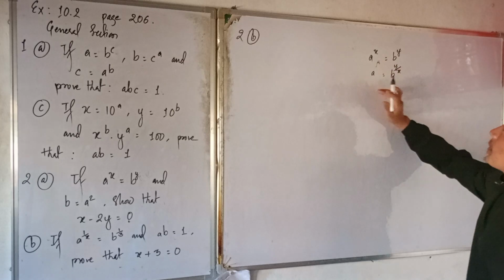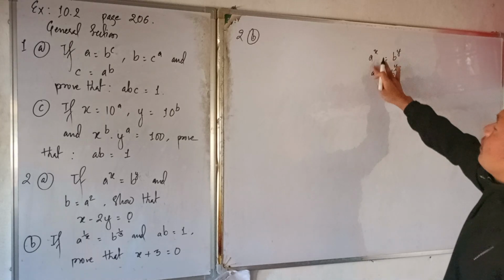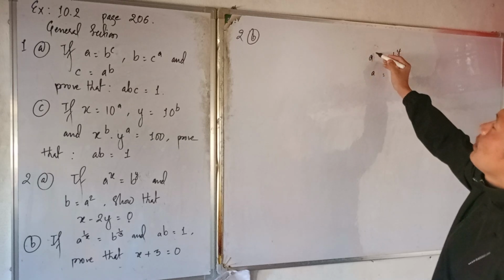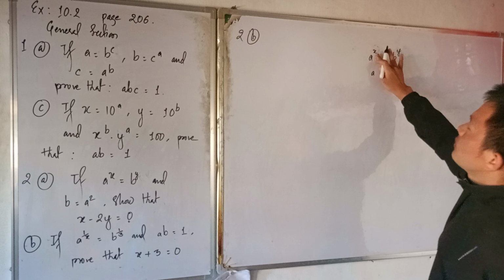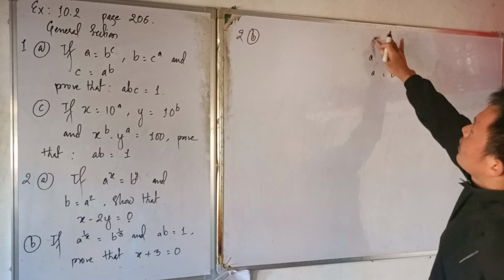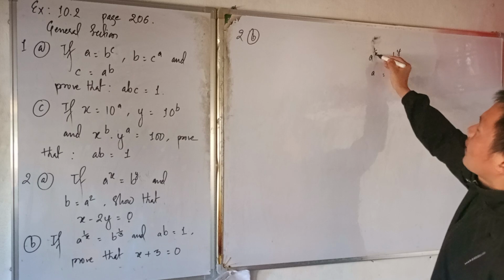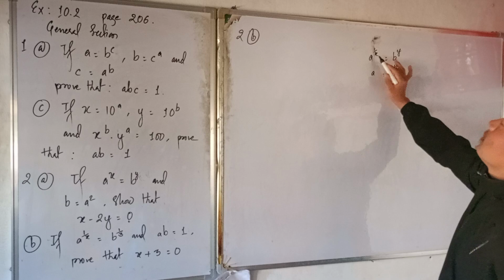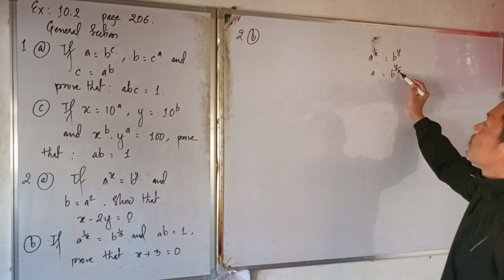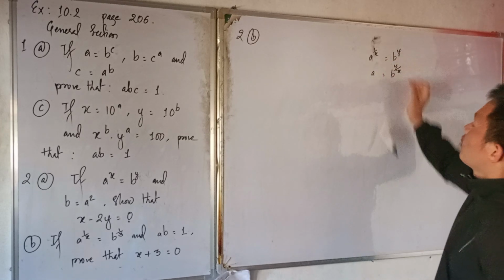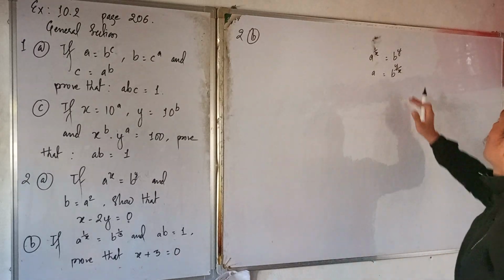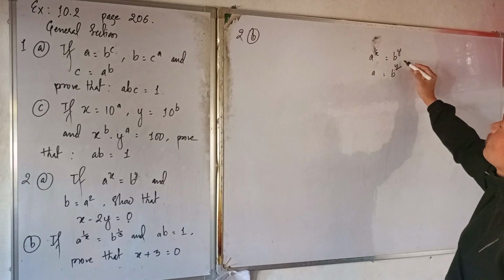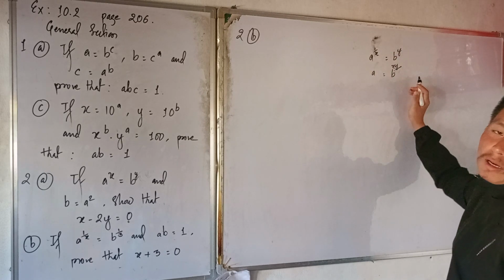Now if this power x is in the denominator, let's say a power 1 by x, in this case this x will not go into the denominator, it will just multiply the numerator, it becomes xy.